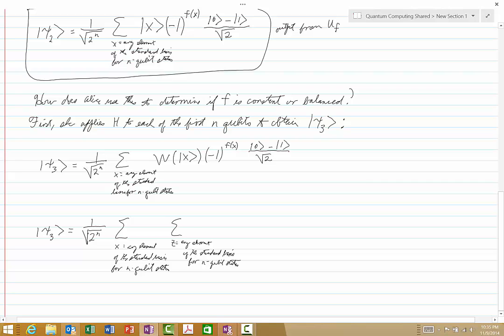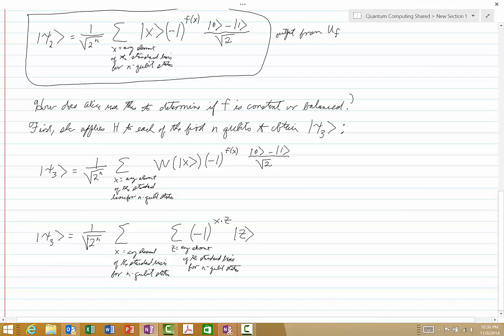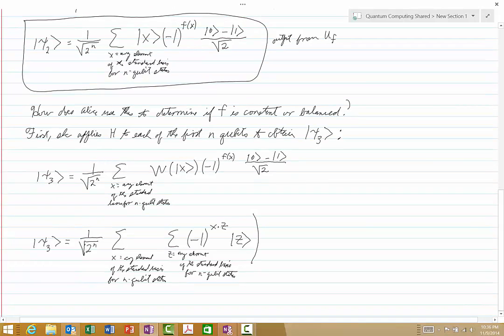And we have -1 to the x dot z, z. This summation right here, let's just make very clear, oh, and we also need a 1 over square root of 2 to the n, so let me put that in as well. 1 over square root of 2 to the n.